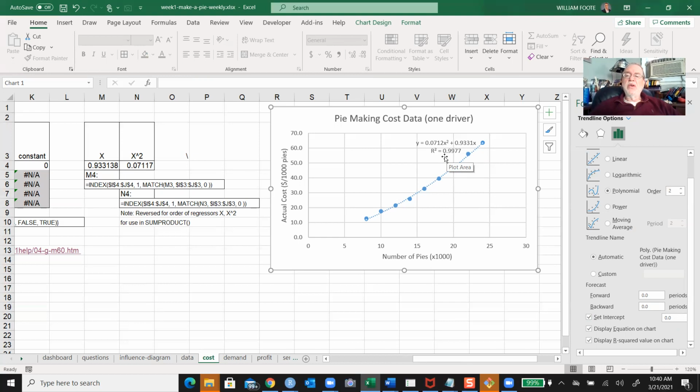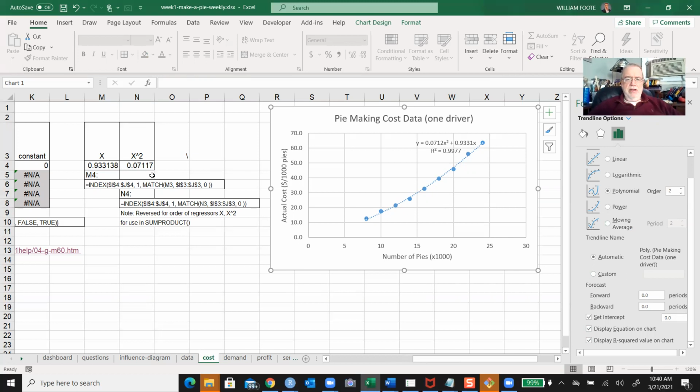And notice over here in M and N, the coefficient on X is 0.9331. Yeah, there we go. And the coefficient on x squared is 0.0712. Okay, close enough, rounding it here, fine. And you can see that whatever's happening over here has happened over here.